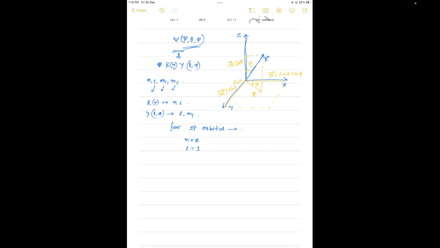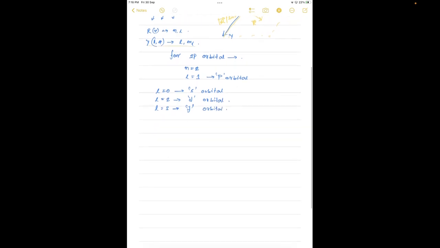So the azimuthal quantum number l equal to 1 means it is a p orbital, l equal to 0 means it is an s orbital, l equal to 2 means it is a d orbital, and l equal to 3 means it is an f orbital. Now for the 2p orbital, n equal to 2 and l equal to 1.